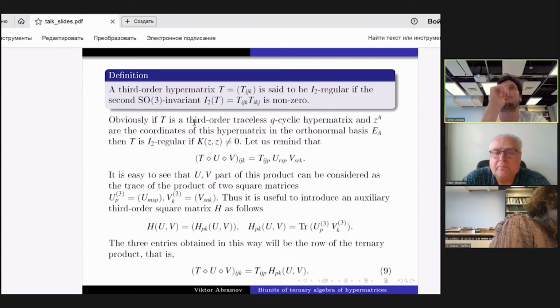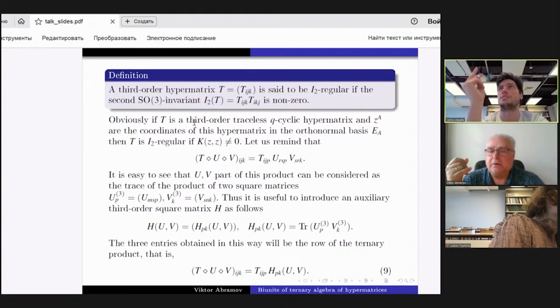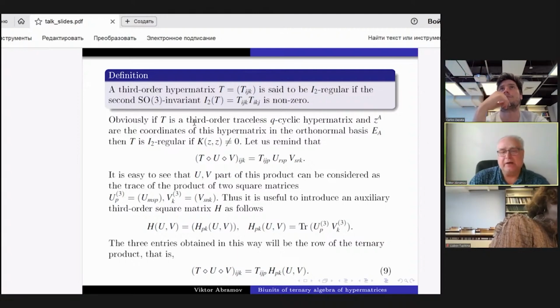You say that this product is or is not the fish product? This is not the fish product. And this is the second one, because it has a twist in the indices, right? Yes, this is the second one. I twist these indices, not the same order. Yes, I see.